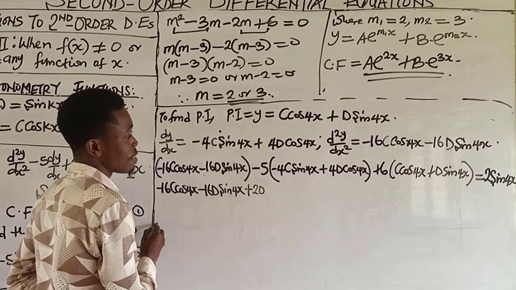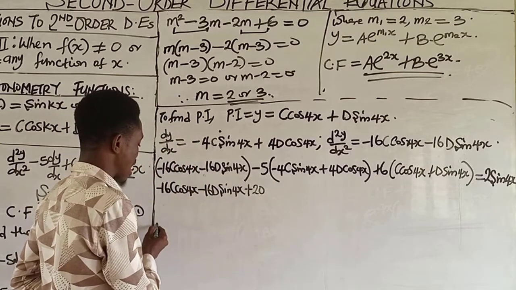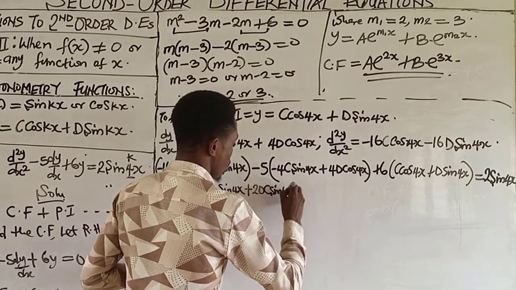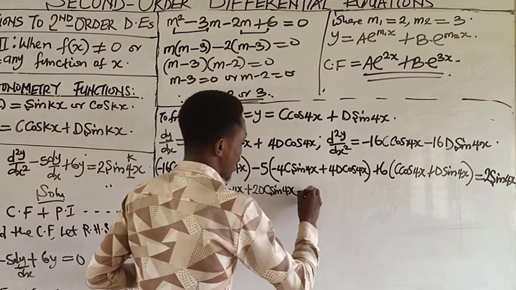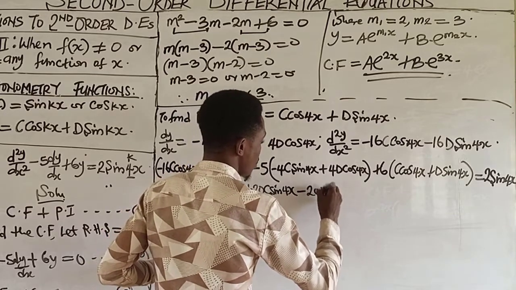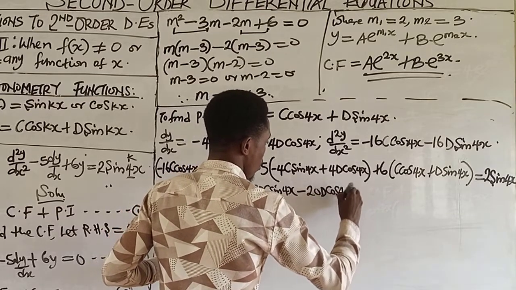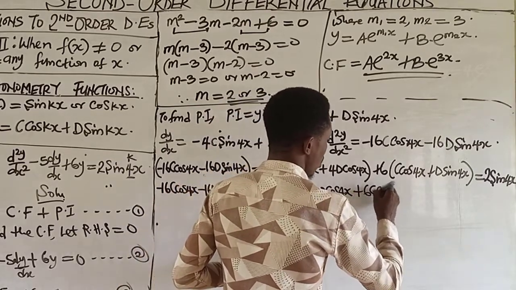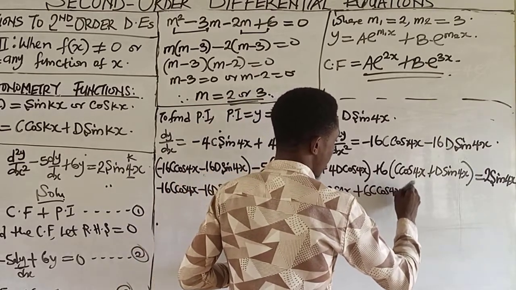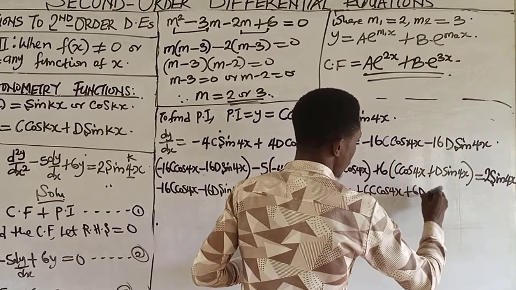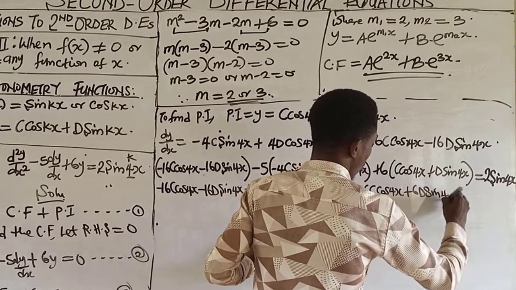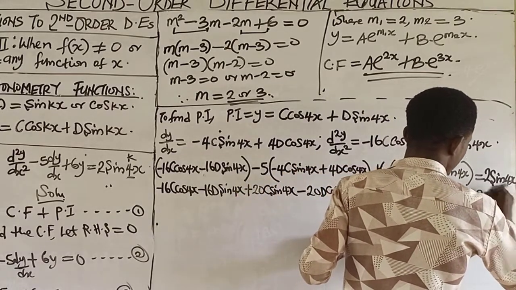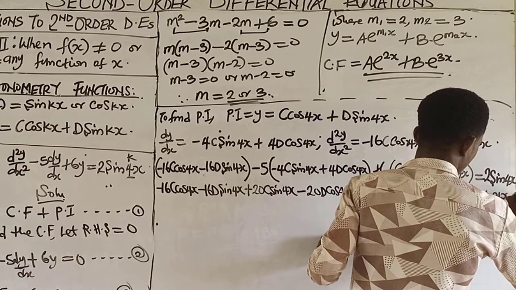Now when we multiply negative 4 by negative 5, we have plus 20c sine 4x, then negative 20d cos 4x plus positive c cos 4x plus 6d sine 4x is equal to 2 sine 4x.